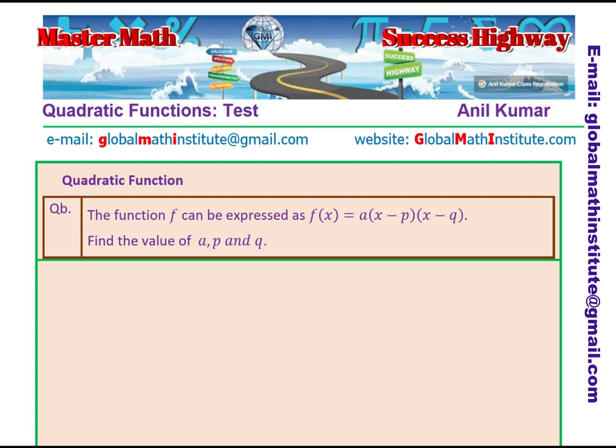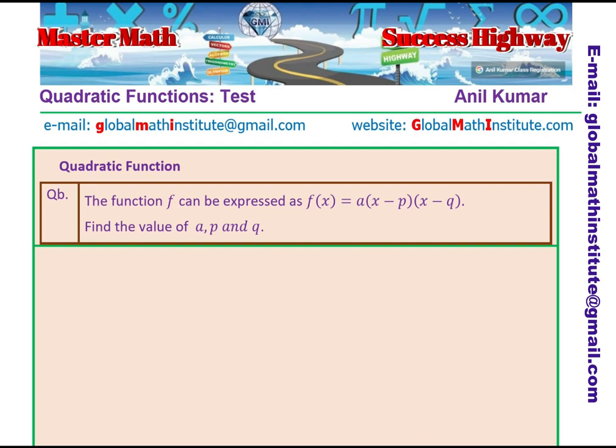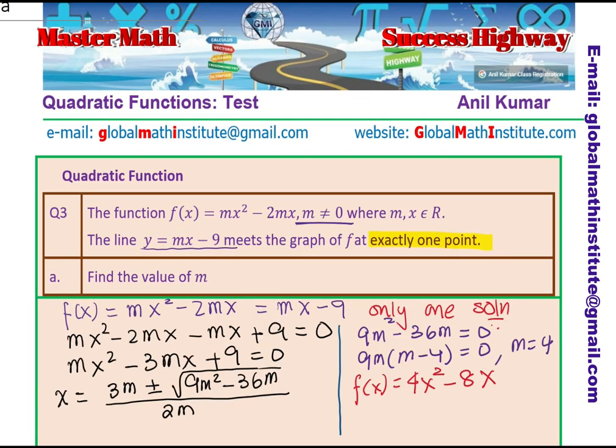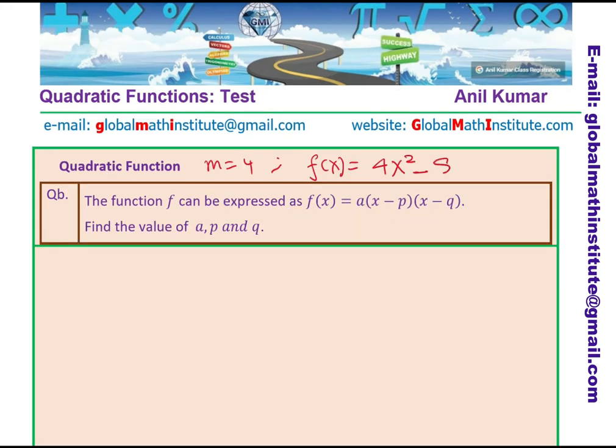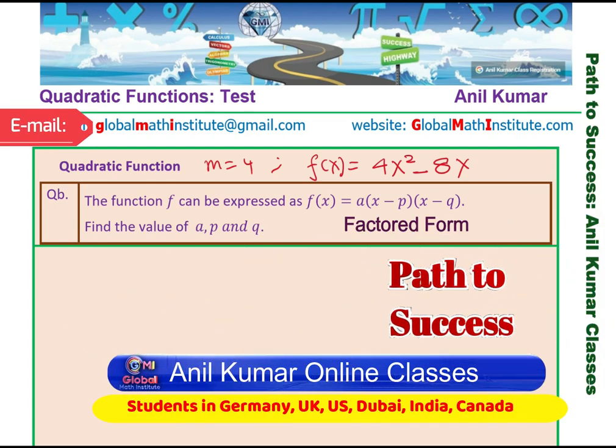Perfect. So I'm rewriting the value of m. We just found that m was equal to 4, and therefore the equation was f of x equals 4x squared minus 8x. Now, this equation should be written in the factored form. That's what we need.